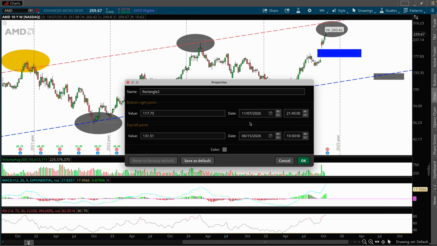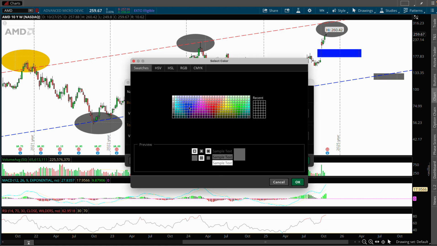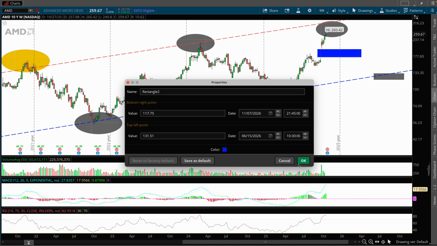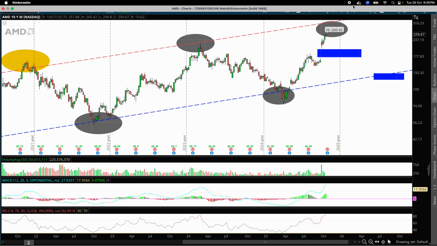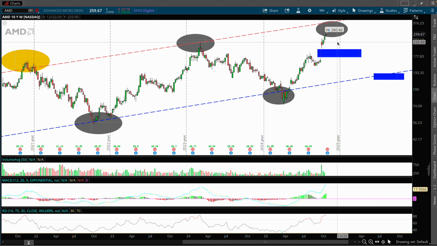So the question you have to ask yourself is, if I buy right now, my possibility of profit is 260 to 320, so that's about $60. But if it turns around, the immediate support is roughly around 180 to 190, so that's about $70 to $80 to drop.